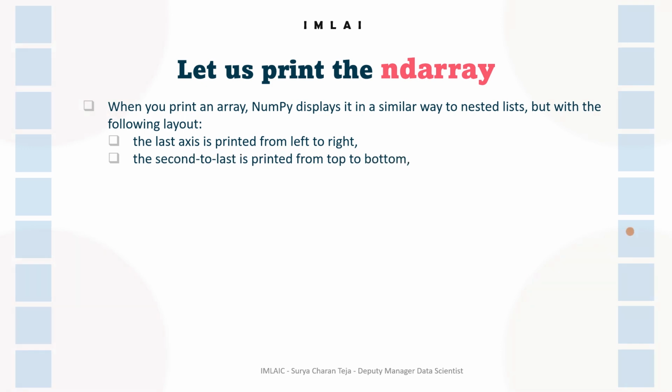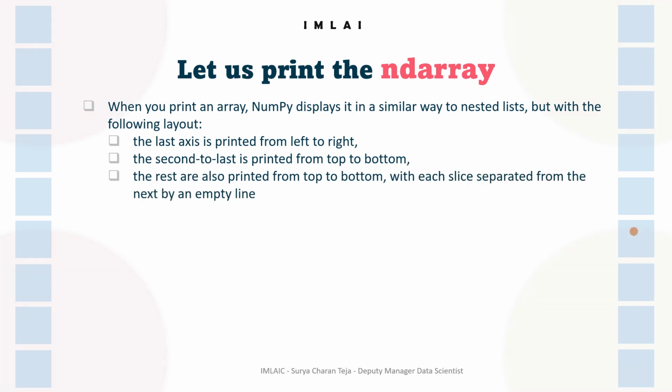The second to last is printed from top to bottom, and the rest are also printed from top to bottom, with each slice separated from the next by an empty line. So let's print a one-dimensional array and we will see how it looks.